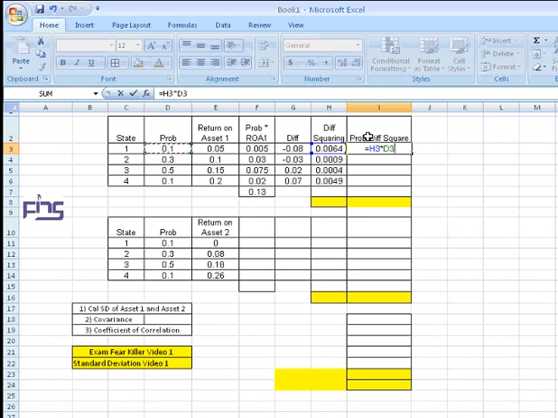So difference square into probability. I tend to get this. When I sum it up, I get the variance. I need to calculate the standard deviation. The square root of variance, as we know, is the standard deviation.